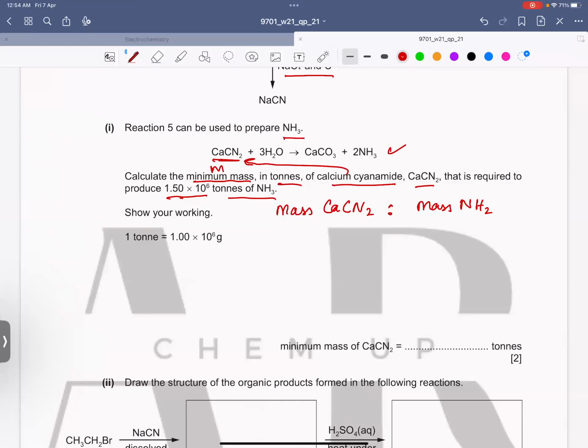So mass of CaCN2. Can anybody tell me the Mr of CaCN2? There are 2 nitrogen. Nitrogen has an Ar of 14. There are 2 nitrogen, which makes it 28. Carbon is 12 and calcium is 40.1.